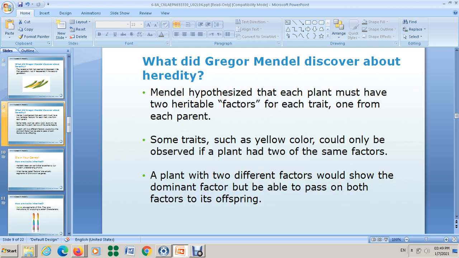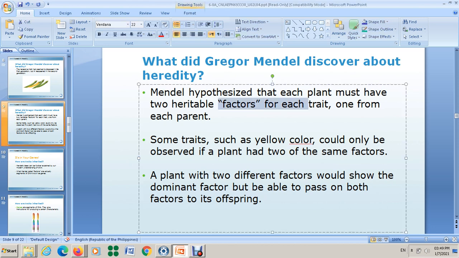So Mendel hypothesized that each plant must have 2 heritable factors for each trait, one from each parent. We want to focus on this in today's lesson. Some traits, such as yellow color, could only be observed if a plant had 2 of the same factor.